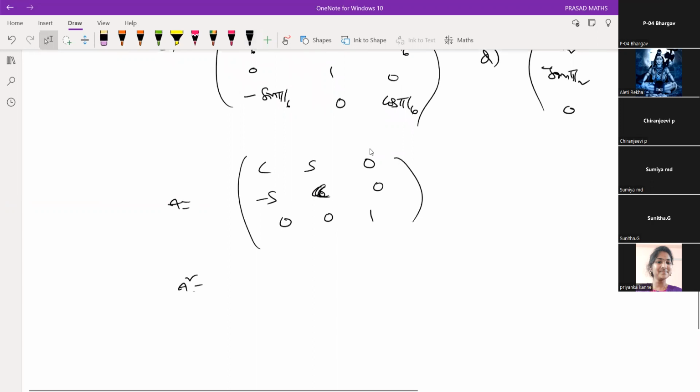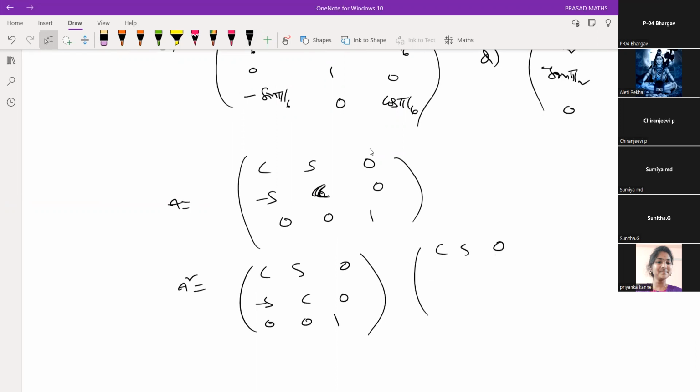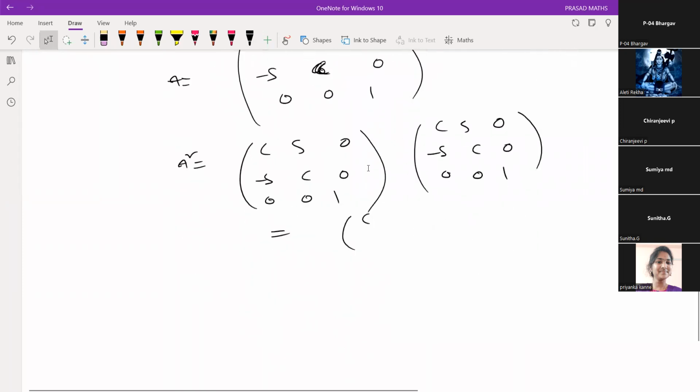What is A square, anybody? A square is C S 0, minus S C 0, 0, 0, 1, times C S 0, minus S C 0, 0, 0, 1. So this into this. The first entry is C square minus S square. Next, CS plus SC, 0.